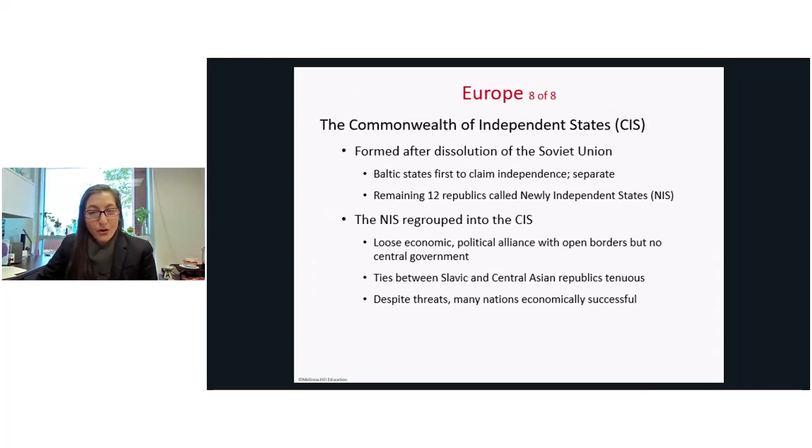This group of newly independent states regrouped to form the Commonwealth of Independent States. And this Commonwealth of Independent States is about a loose economic political alliance with open borders, but actually no central government. They have ties between the Slavic and the Central Asian republics, but that's somewhat tenuous. And despite the threats, many nations are actually economically successful.